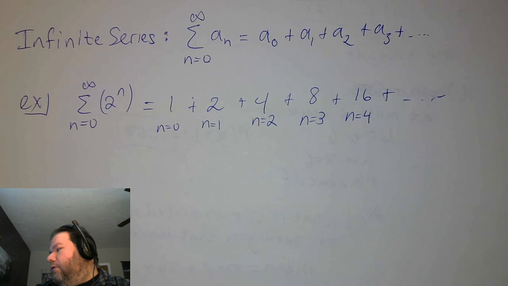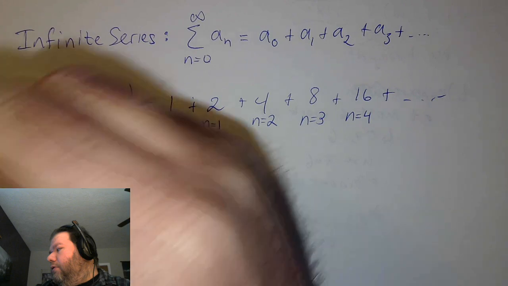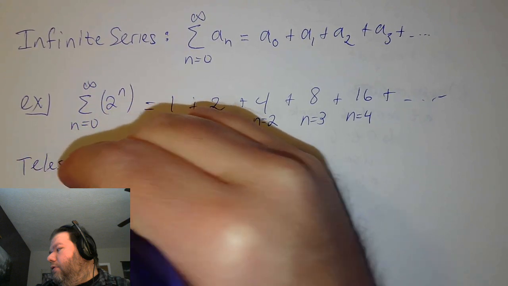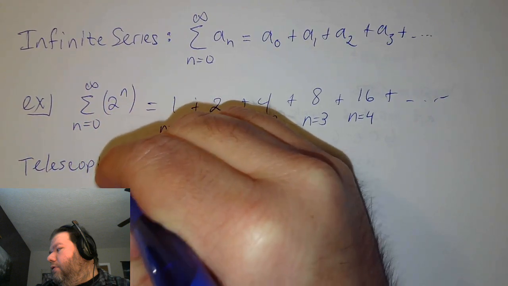We also have the concept of what we call a telescoping series, which is a specific type of infinite series.